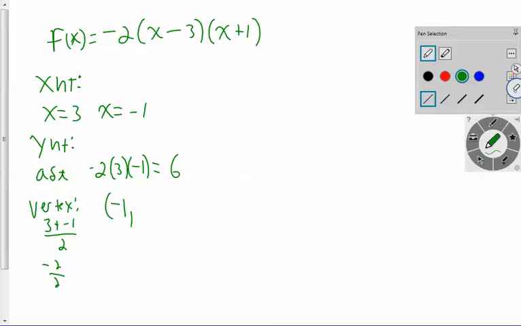How do I find the other part of it? I take that value and plug it into the function. So f of 1 is equal to negative 2 times (1 minus 3) times (1 plus 1).